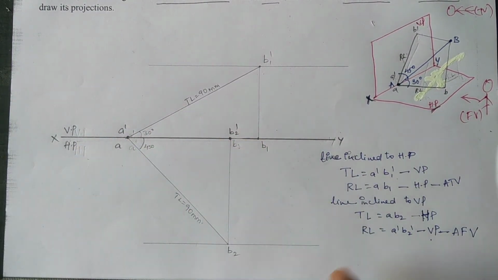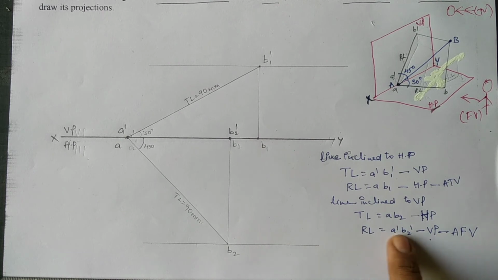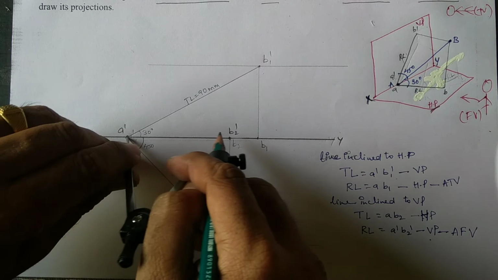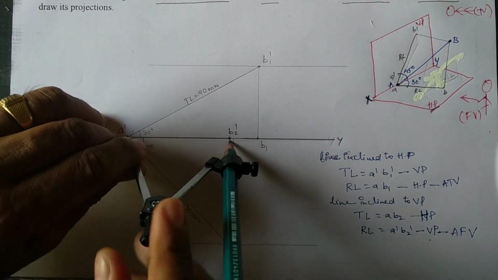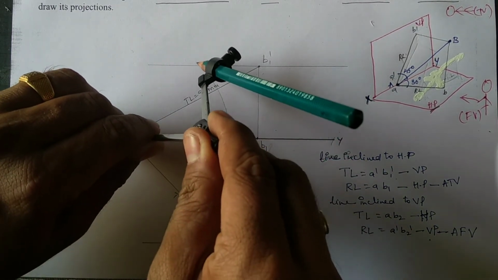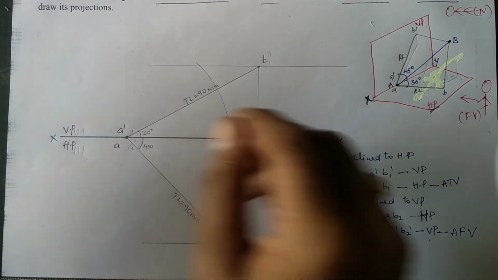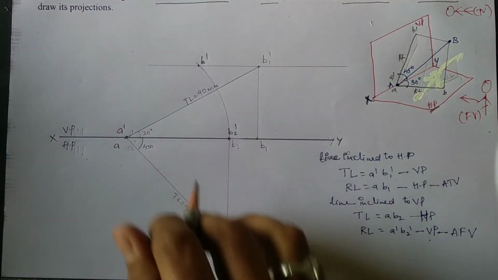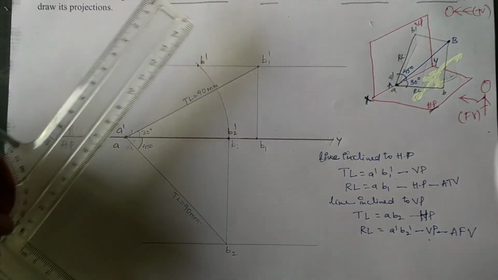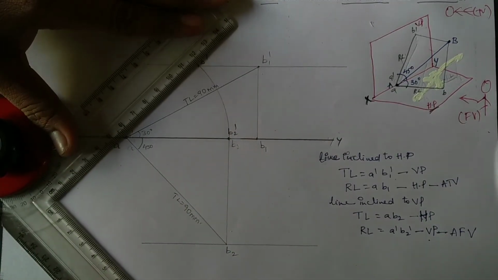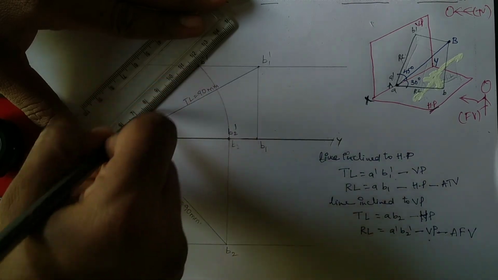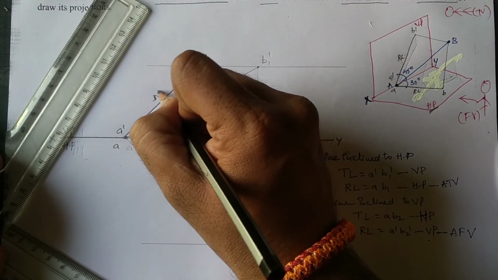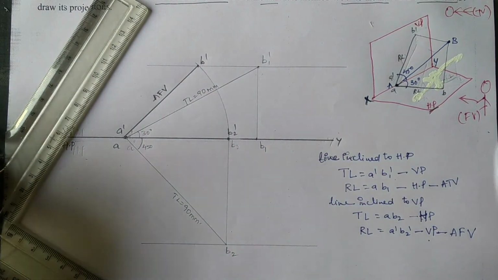What is the reduced length? The vertical plane reduced length is A dash, B2 dash. I am taking A dash as the center with the compass and tilting it here. Where it touches the locus line, mark that point as B dash. Join A dash, B dash. This is my actual front view.